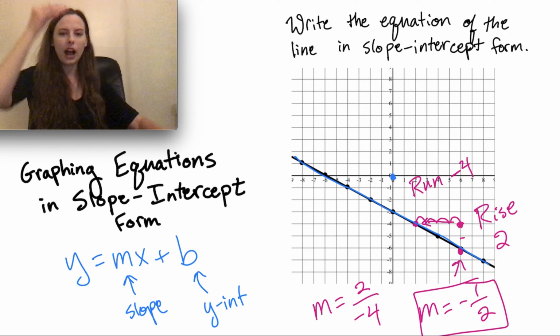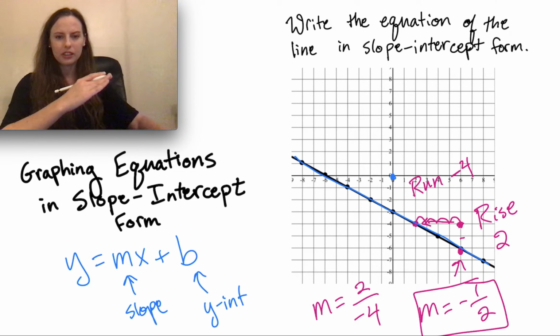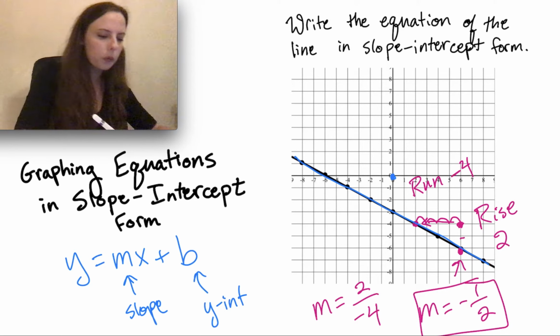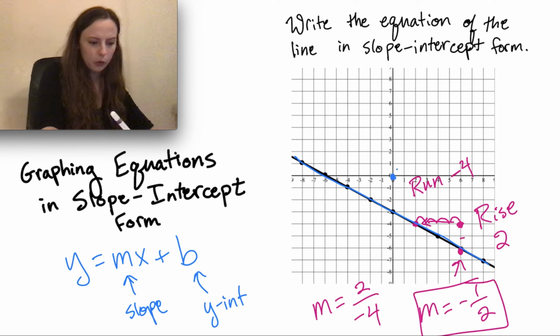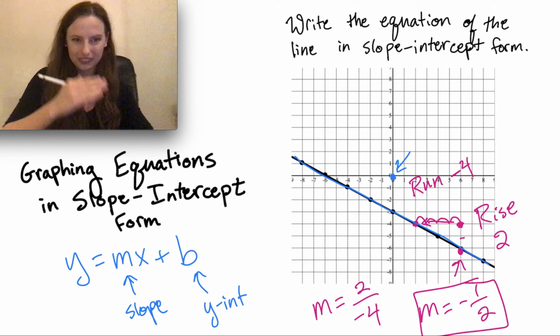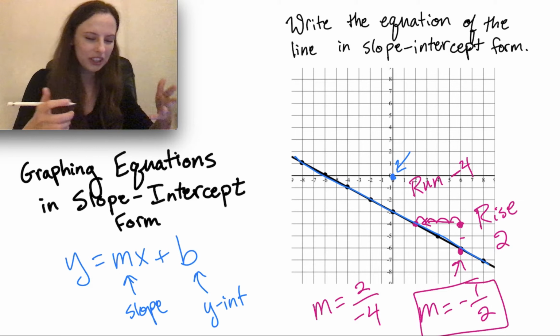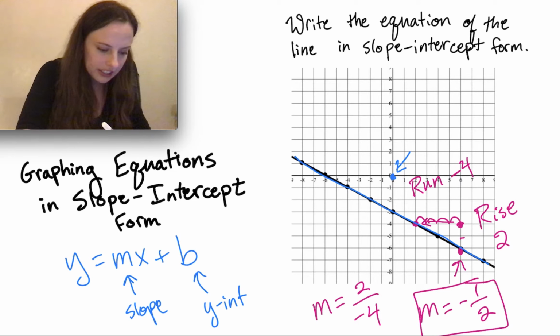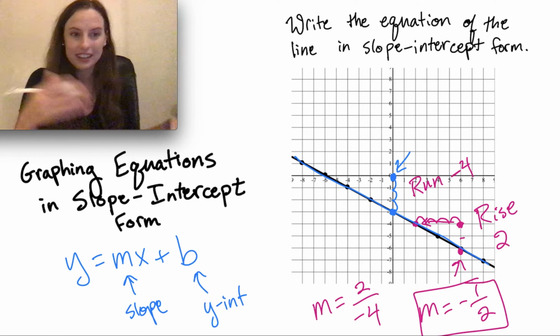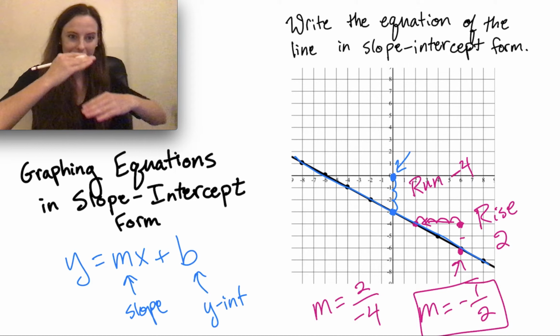So we want to know how far down from the origin this line shifted. We can do that by just starting at the origin and counting straight down until we hit the line that we're trying to write the equation for. So we're going to start here and count down 1, 2, 3. And at negative 3, we have hit that blue line.